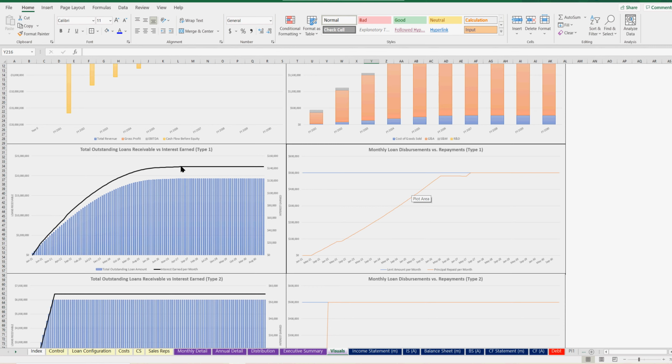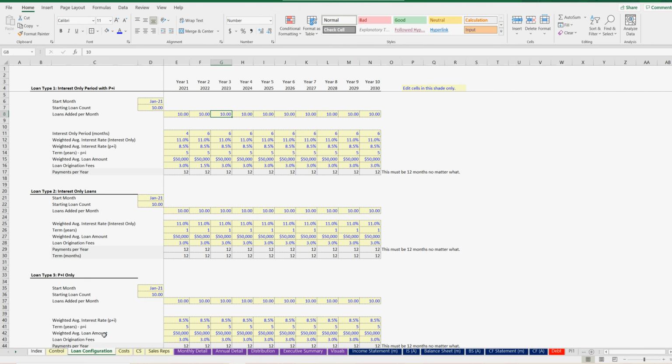Based on that, you can see how your loans grow, the interest grows, and then when you level out. These produce some very interesting curves when you start messing around with the assumptions. Like if, let's say, we start out with fewer loans to begin with, and actually the interesting one is this first type of loan.